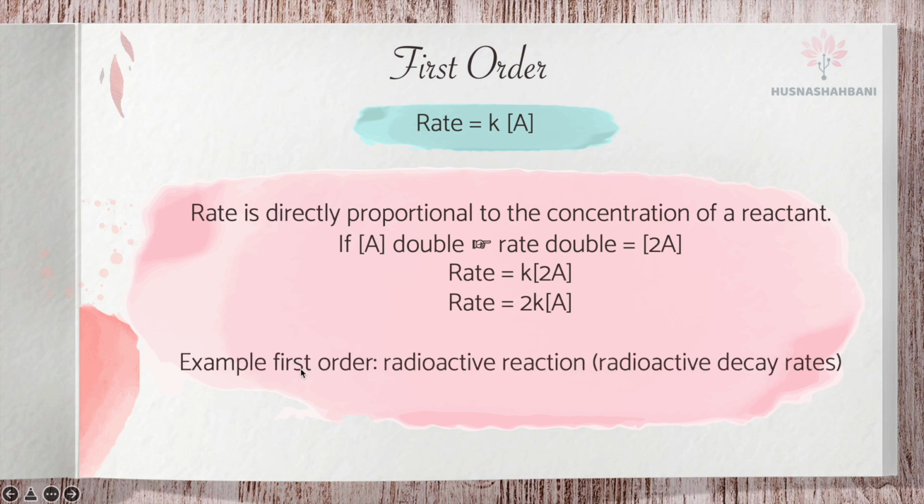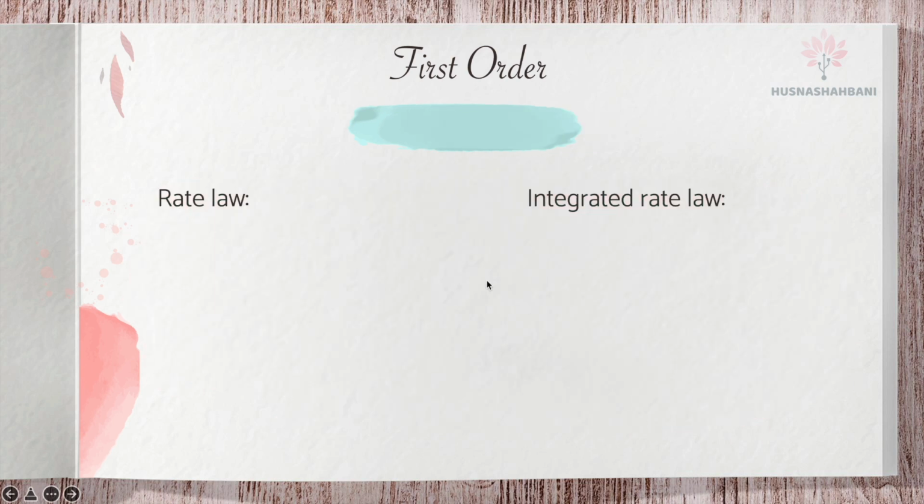An example of a first order reaction is radioactive reaction, or radioactive decay rates. So if you encounter any question about a radioactive reaction and it doesn't state the order of reaction, you have to understand that it is first order, because radioactive reactions undergo first order reaction, as does any decay reaction.